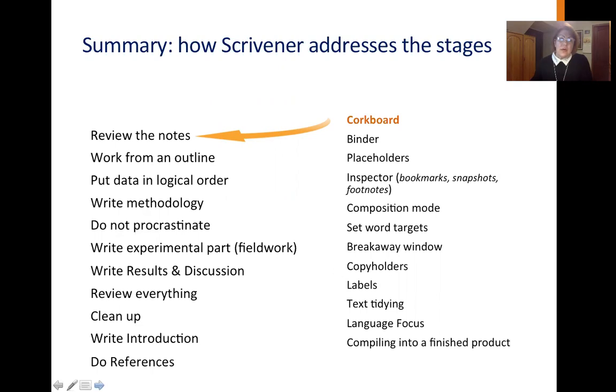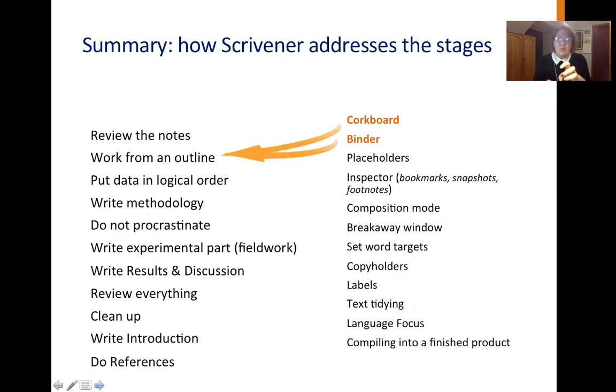Then when you create your outline, you can physically move different sections or different ideas you can put in the corkboard, just ideas, and by moving them, you can come up with the best outline you can.